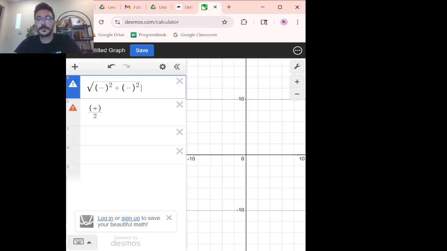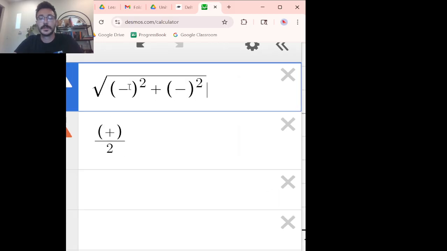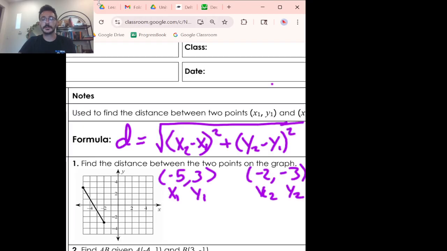Over on Desmos, I already have a template, a setup version with no numbers in it yet. So there's the square root symbol, here are my x's, and there are going to be my y's.